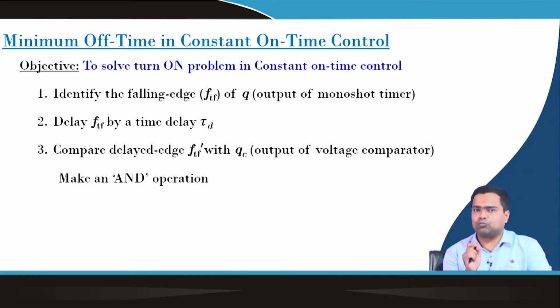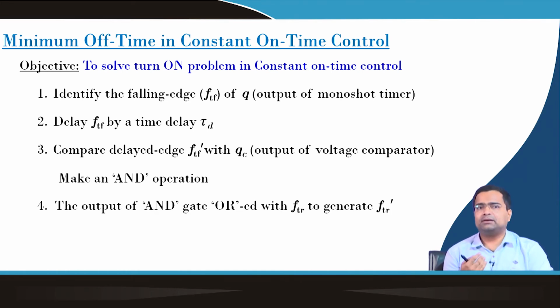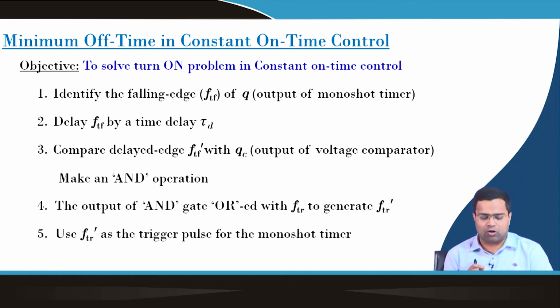If the comparator output still remains high, then we make an AND operation, and the output of the AND gate is applied as an input to an OR gate along with the rising edge trigger signal which was originally there, and the output of this OR gate is applied to the input of the monoshot timer. So, this acts like a trigger signal for the monoshot timer.